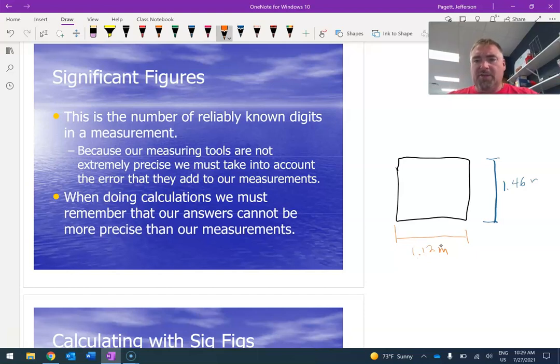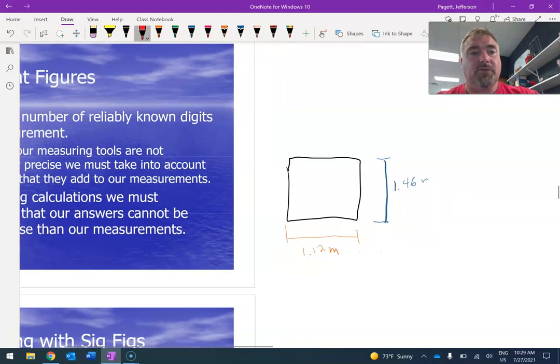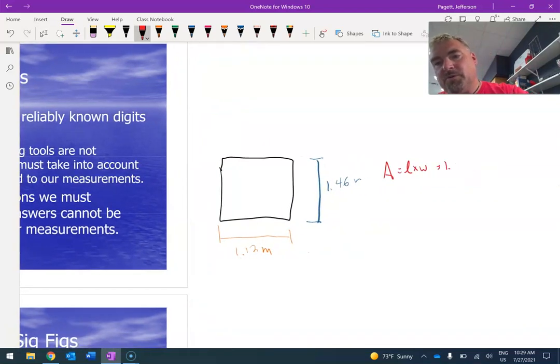Now, I would go ahead and calculate what the area would be by taking the length times the width. So area is length times width: 1.12 meters times 1.46 meters. When I calculate that out, I get an area of 1.6352 meters squared.